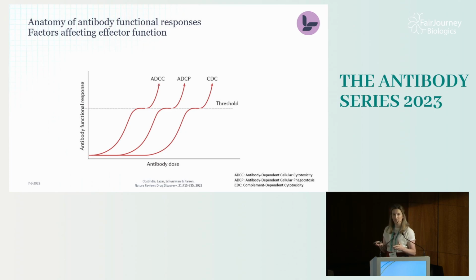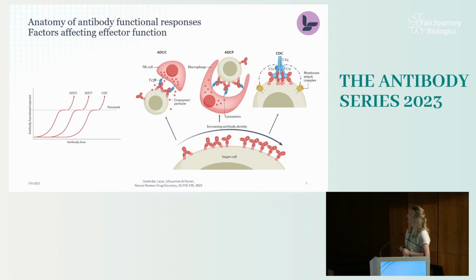And as said, they all require distinct immobilized antibody binding to the cell surface before they are reaching this threshold for activation. And I'd like to highlight this a bit. So for example, for ADCC, you would require lower densities of antibodies to bind to initiate this effector function. But for CDC, you would require a bit of a higher binding density to get to this.